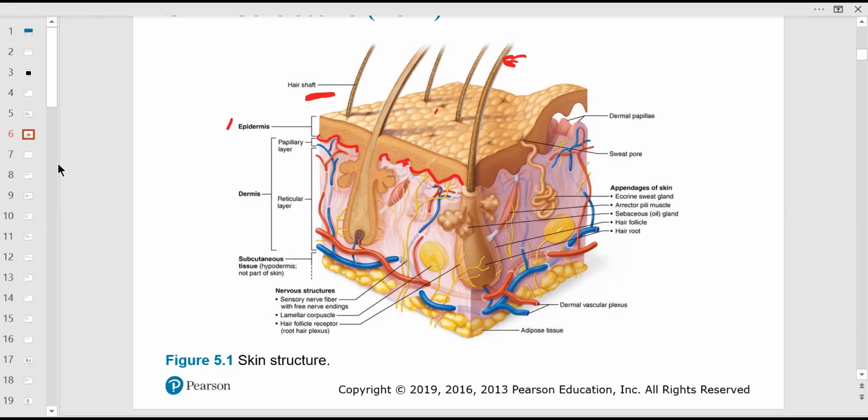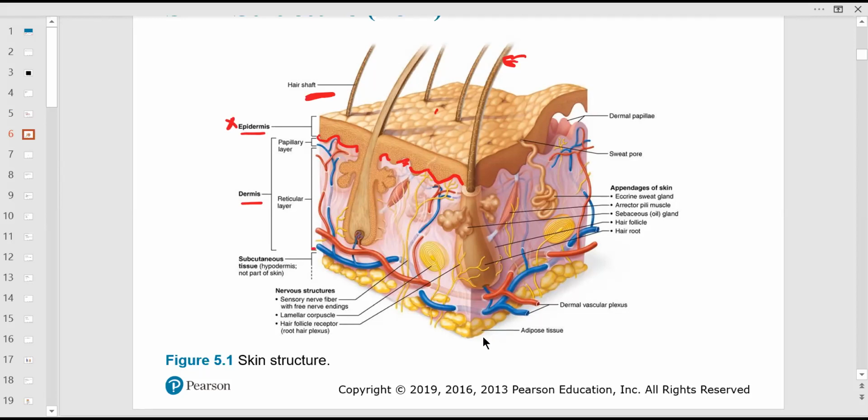So know the 3 layers, and there's going to be 5 layers of epidermis. 5 layers in thick skin, 4 layers in thin skin. The layer below is the dermis. And the reticular layer is pretty much the thick part.